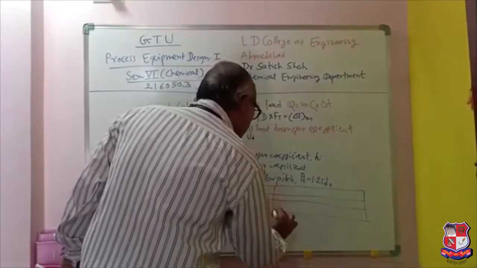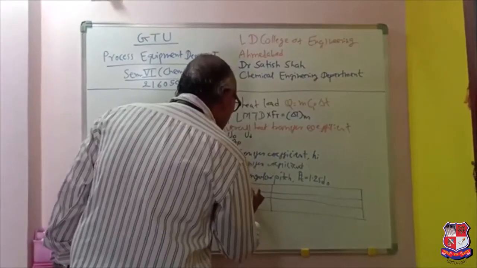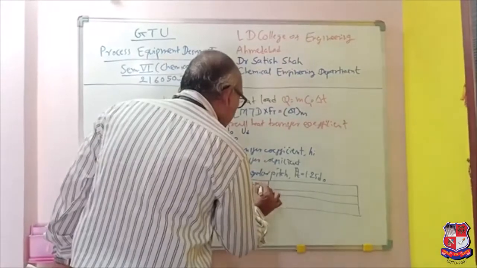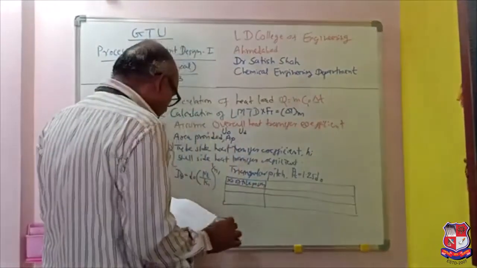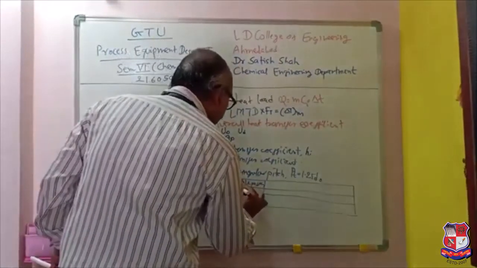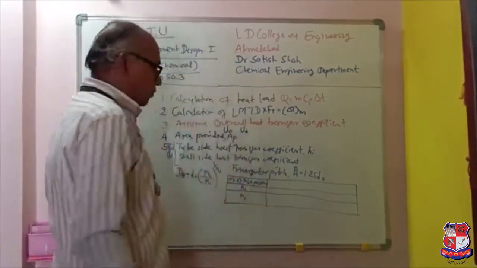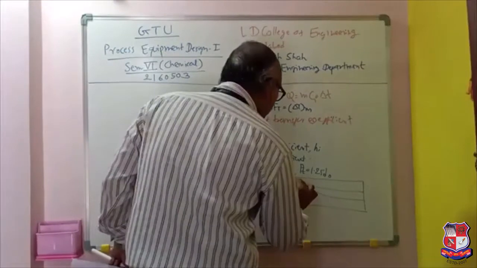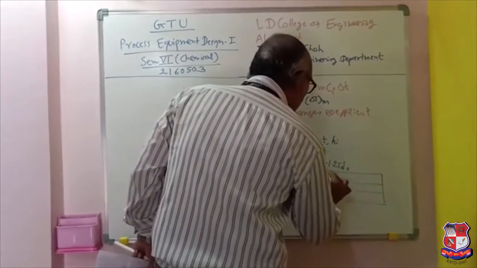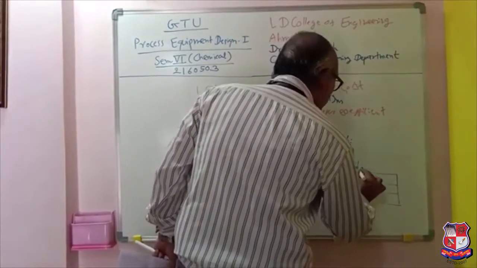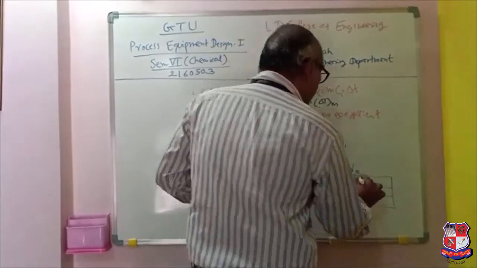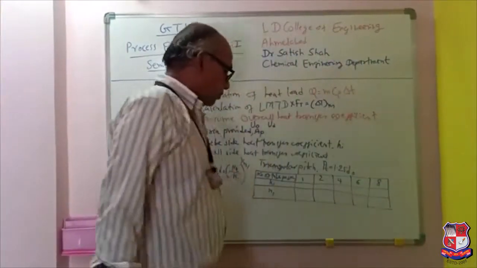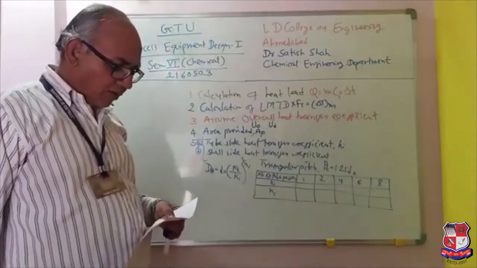So here I am writing the number of tube passes, and then I will write down K1 and n1. If your number of tube passes is 1, 2, 4, 6 and 8, how will your value of K1 vary?